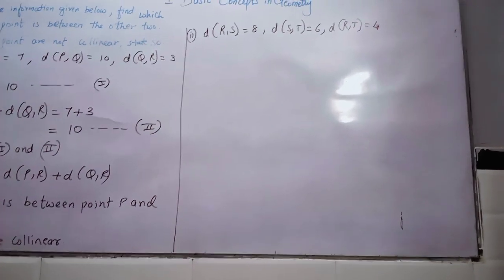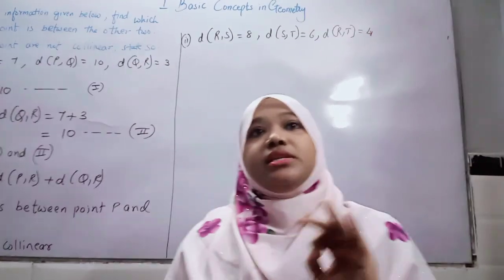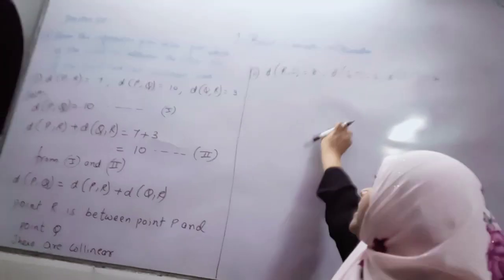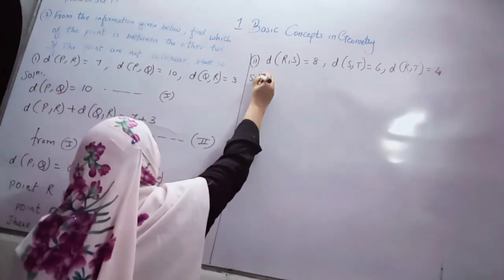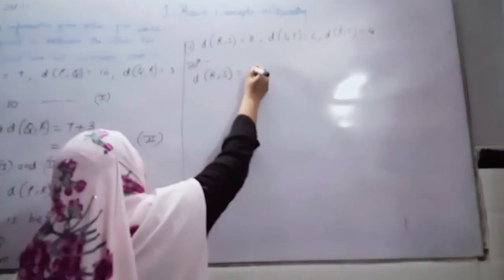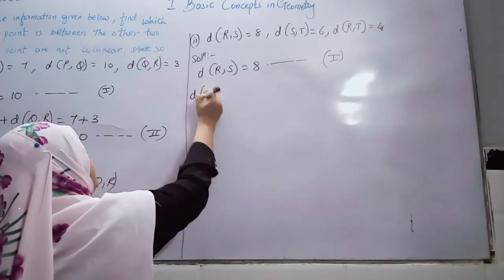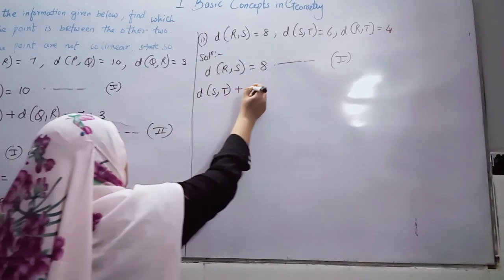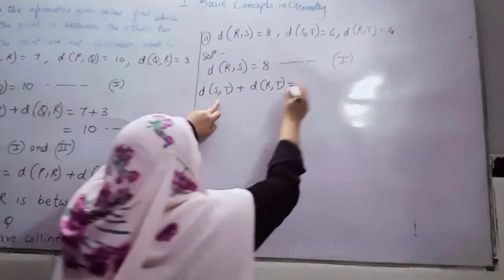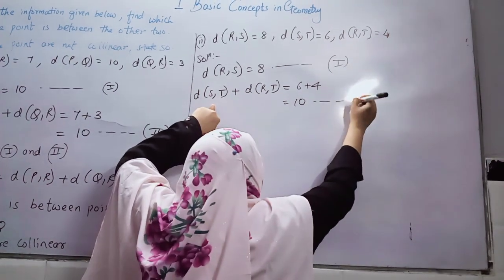Come on, students. First of all, among the 3 distances, the highest distance is 8. So solution: distance of RS equals 8, put equation number 1. The remaining 2 distances we add: distance of ST plus distance of RT, 6 plus 4 became 10. Put equation number 2.